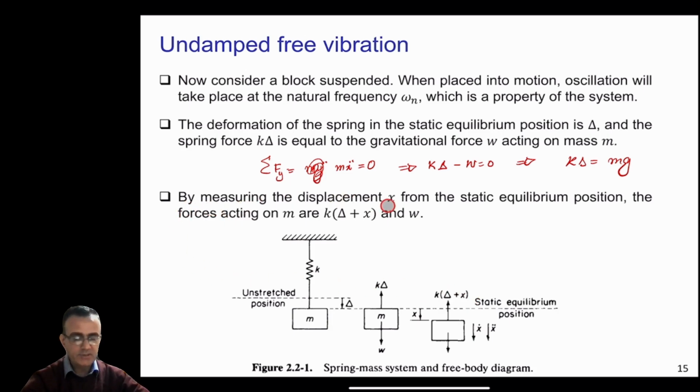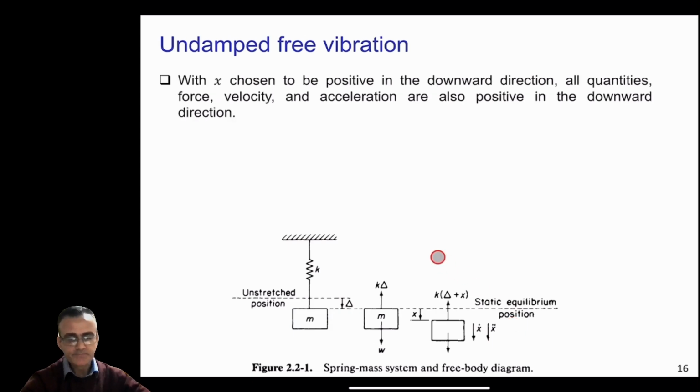By measuring the displacement x from the static equilibrium position, the forces acting on m are k times delta plus x. So the total force acting on the system is k(delta plus x). And you have x dot and x double dot as the velocity and acceleration. We are assuming that it's positive in the downward direction here. So now we can derive the equation of motion for this system.